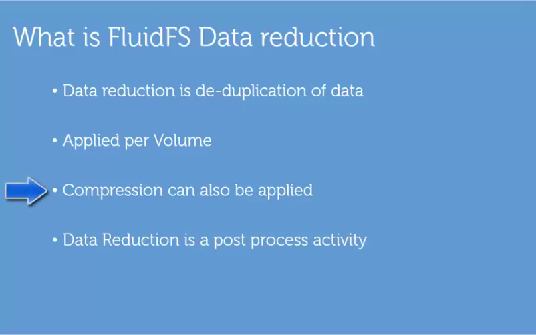Compression can also be applied to reduce the amount of data stored. Compression is generally good for overall space reduction, but can have a small performance impact as compression is CPU bound. Data reduction is a background process that is scheduled by the administrator.